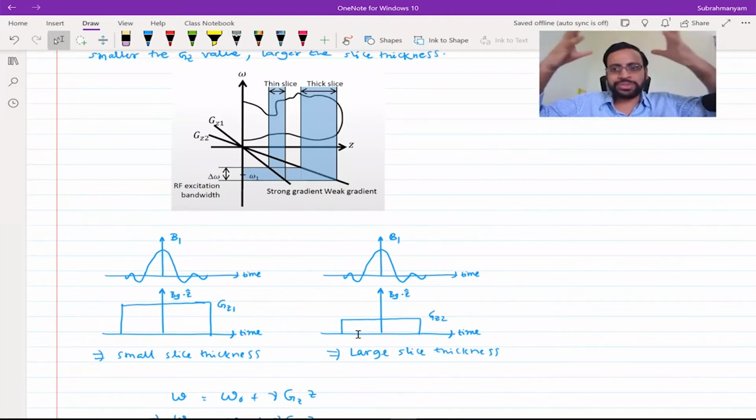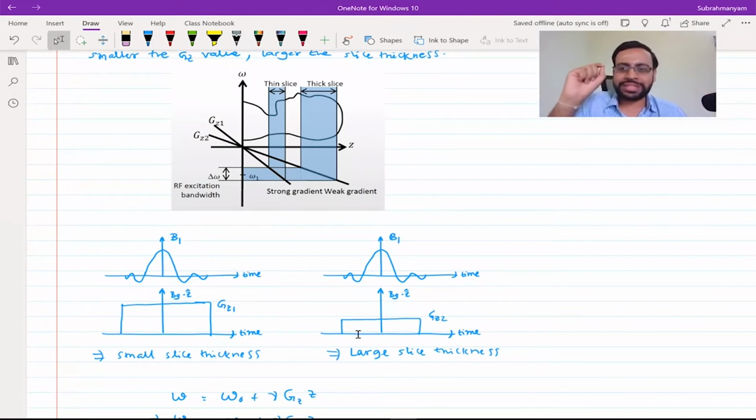So the response you record would be as if you treat everything as a single voxel. If you want high resolution, you have to slice very finely. That means you need to apply large gradient fields along the z-axis.